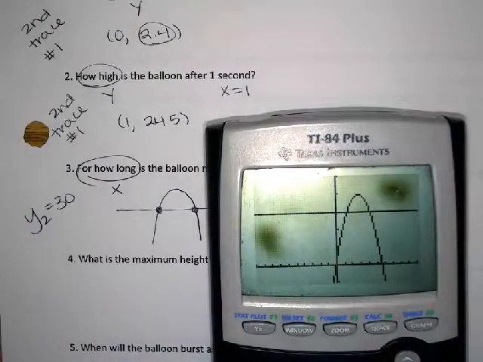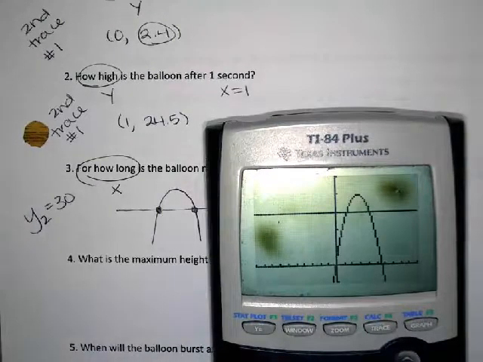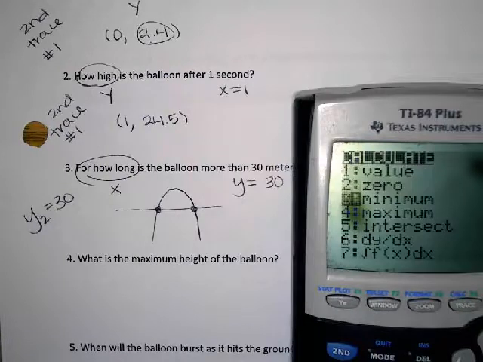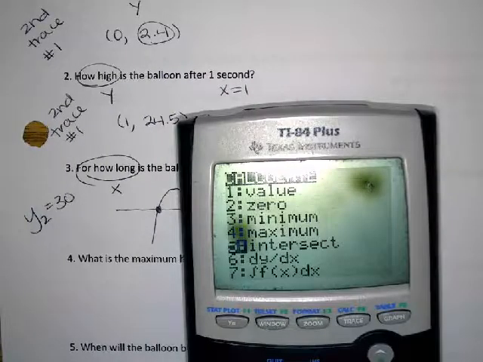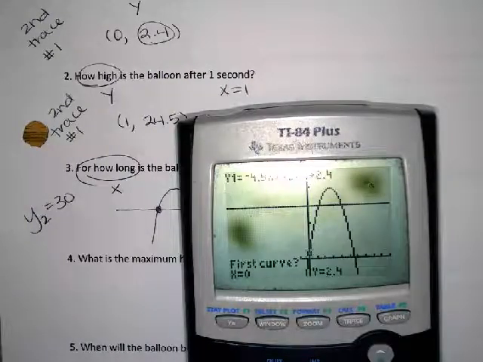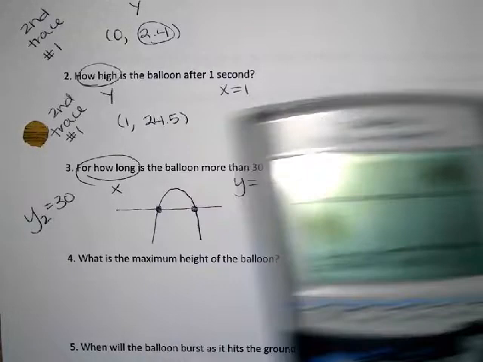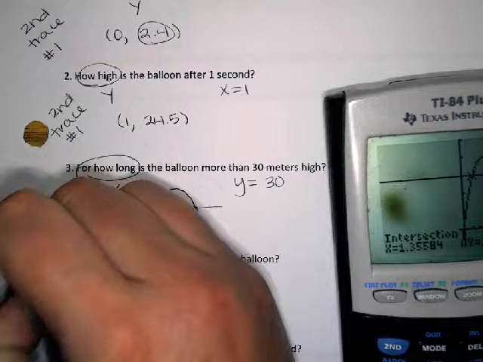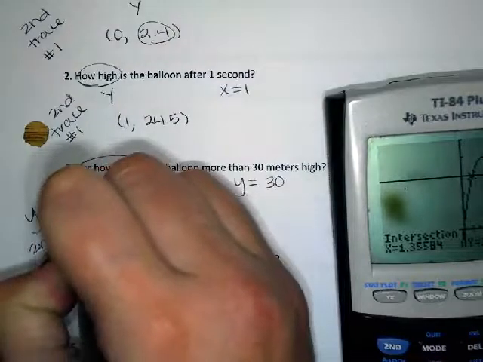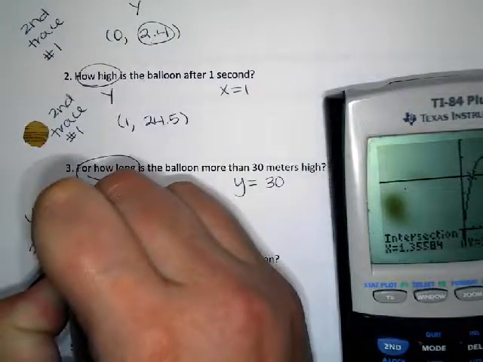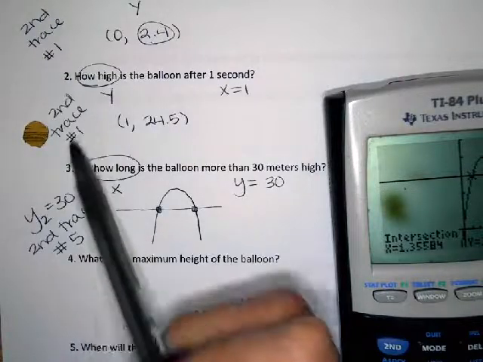Okay, so now once I do that, for the first intersection, I'm just going to press enter, enter, enter. And that's going to give me the first answer. So I'm going to write on my notes, second trace number 5. I'm writing all of these things down because these are my notes. I do not have to do this on the assignment. I'm doing it on my notes so that if I brain fart later, my notes are good.